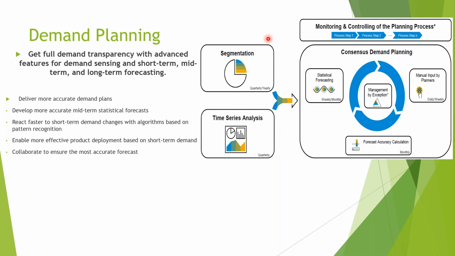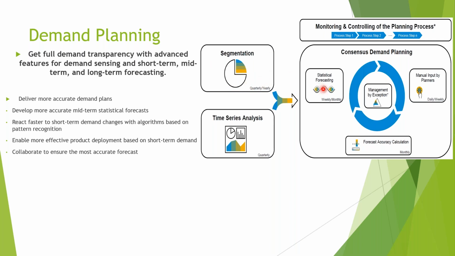So you can understand that we can do this before we even enter into the core implementation of the demand planning process. This will help us to segregate and focus on, let's say, the top revenue products.